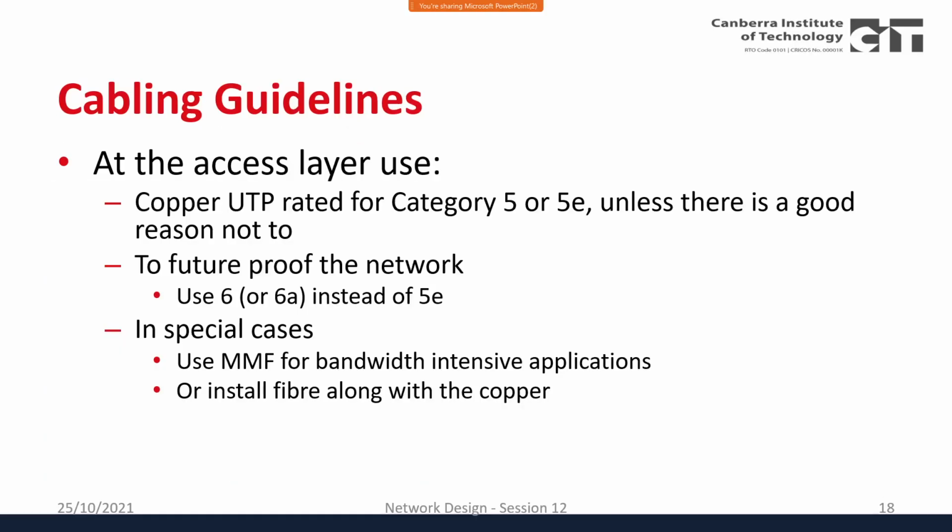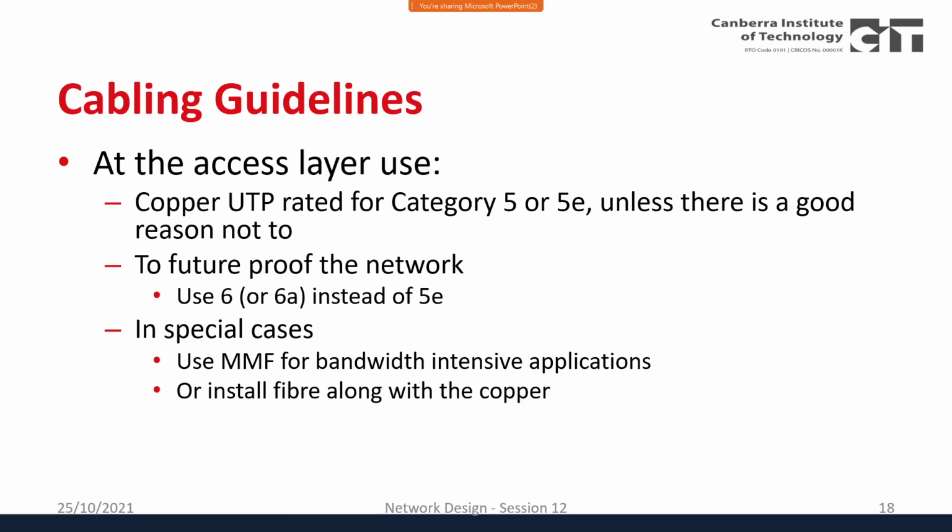Cabling guidelines. At the access layer, we usually use copper UTP rated category 5 or 6 at least. Nowadays, with 6 and 7 getting cheaper and cheaper, we recommend Cat 6, Cat 7 for the access layer connections as well.